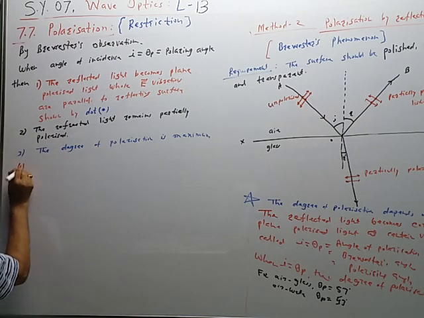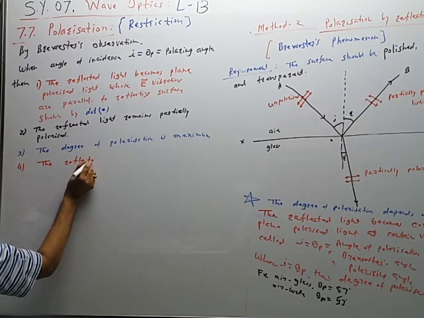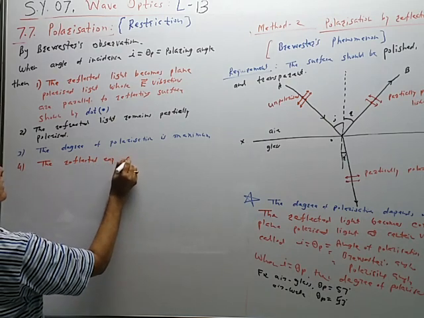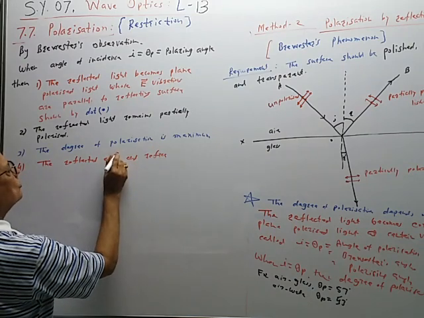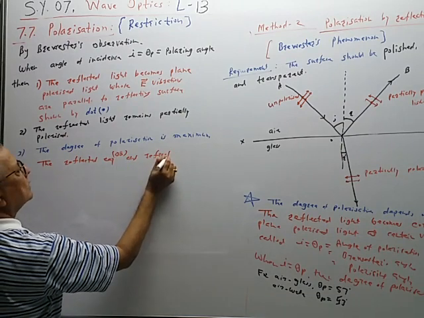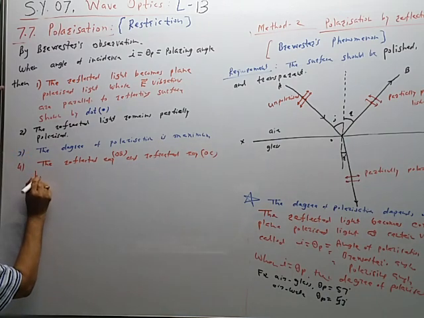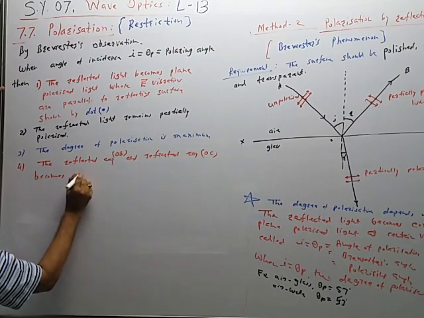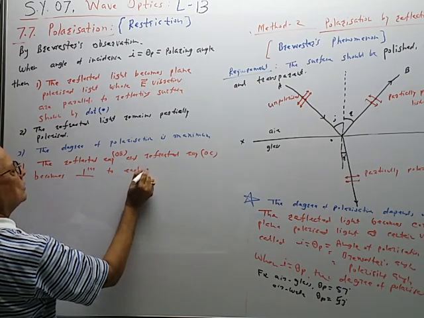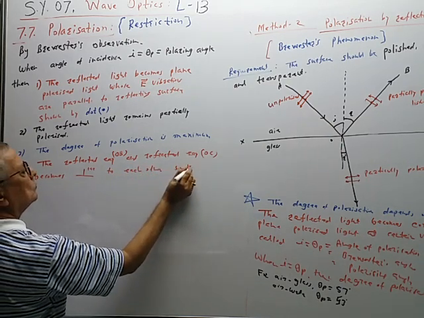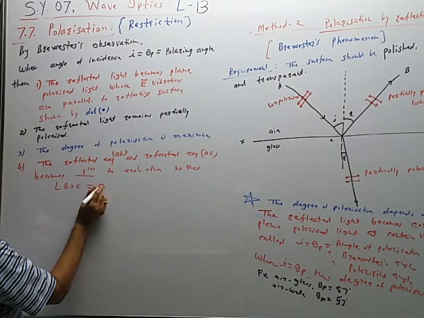Four, the reflected ray and refracted ray, in our figure it is OB, and a refracted ray OC, becomes perpendicular to each other, so that angle BOC is equal to 90 degree.